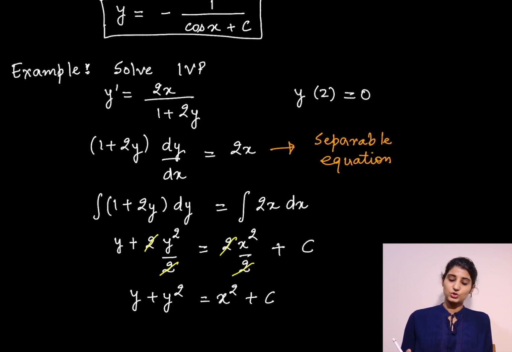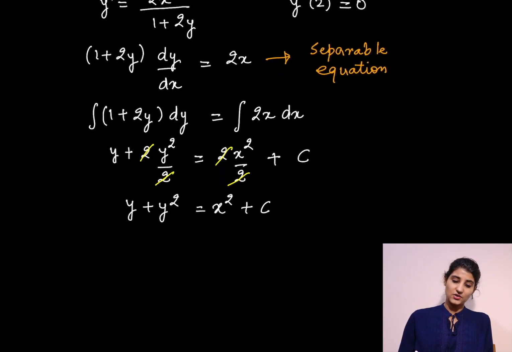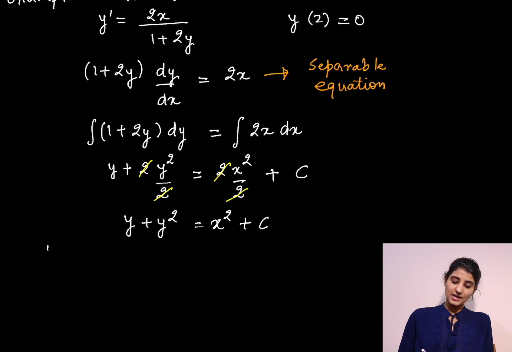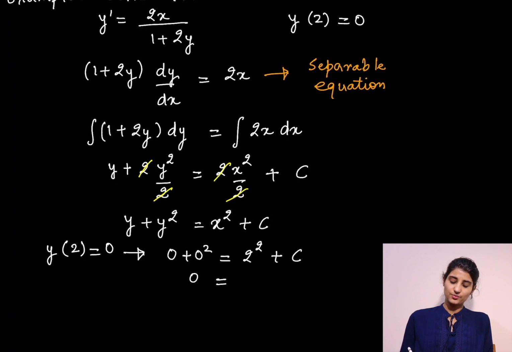This is our solution, but we have the initial condition. Don't forget to plug in the initial condition. We have that the value of y when x is 2 is equal to 0. So if we plug in this condition, 0 plus 0 square is equal to 2 square plus c. 0 equal to 4 plus c.